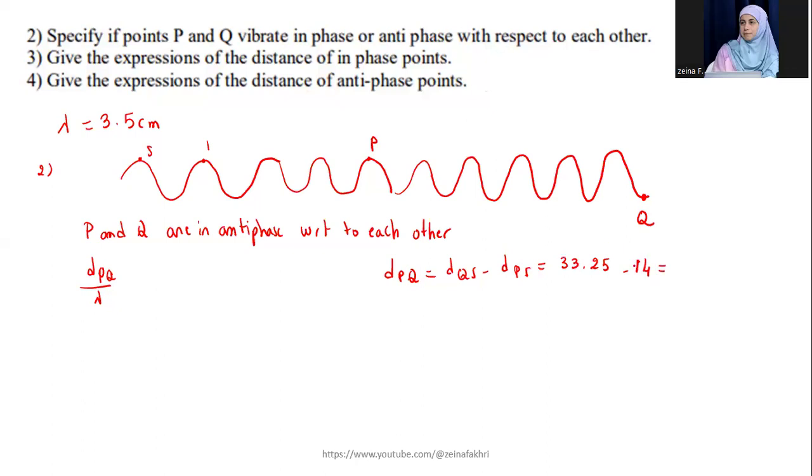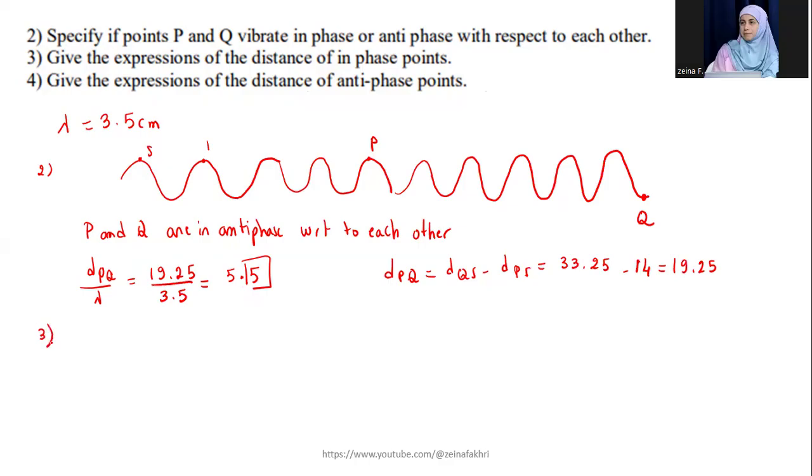So we'll get as answer 19.25. And then 19.25 over 3.5 equals 5.5. So we notice it's a decimal 0.5, so it's a half lambda, which means that P and Q vibrate in antiphase. So we can do it either by tracing and explaining, or by calculation.